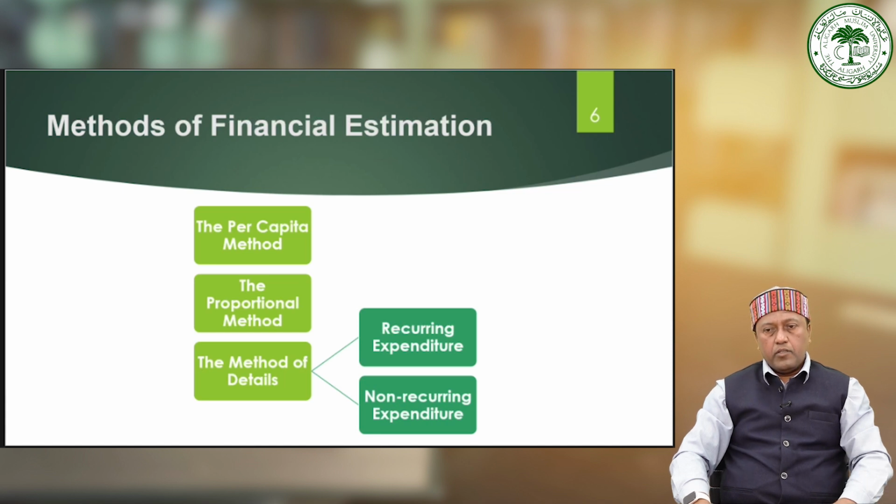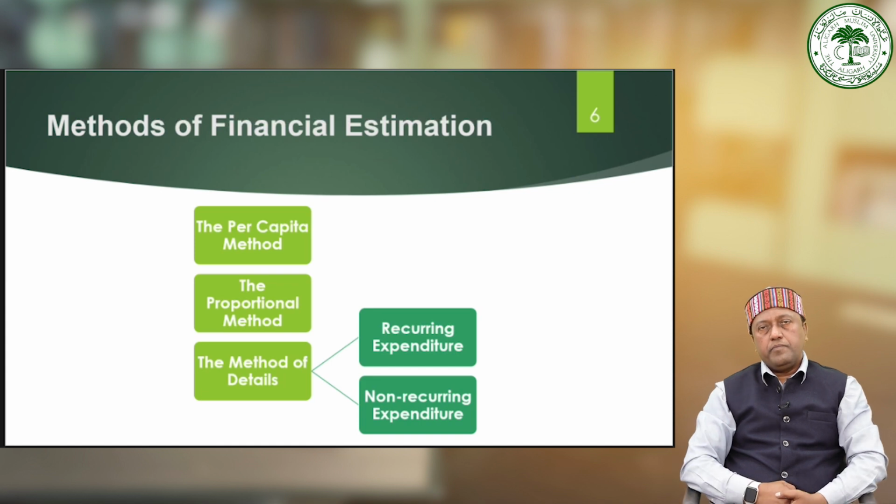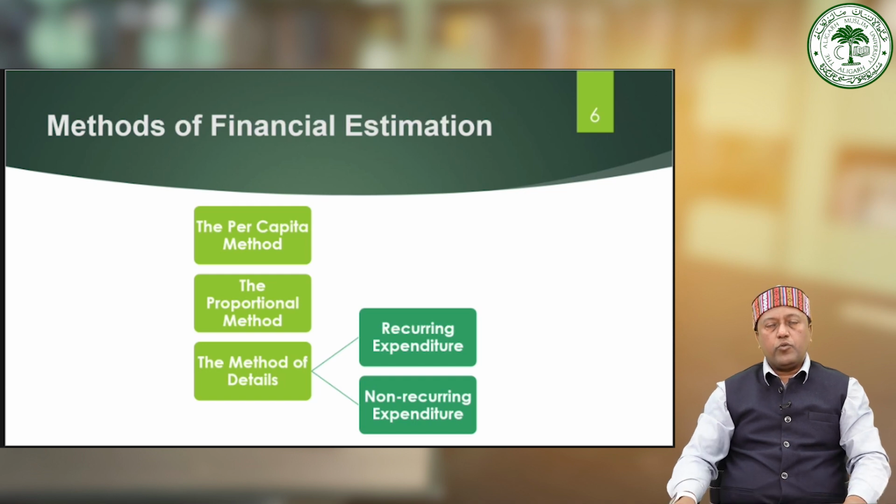The second method I told you is the proportionate method. The proportionate method is something like fixing a certain percentage. Just suppose it has been fixed by various committees and commissions that a certain percentage of the university's total budget, or the education budget, or the total institutional budget, should be spent for the development of libraries.